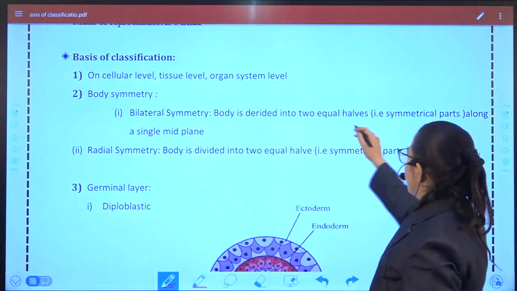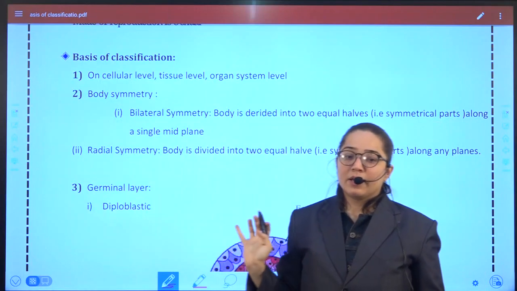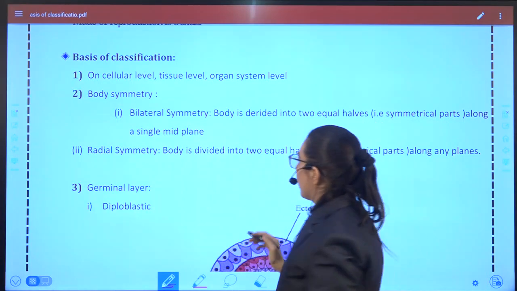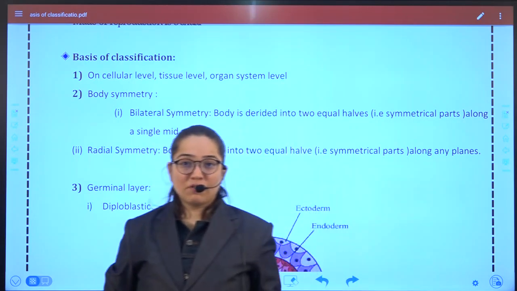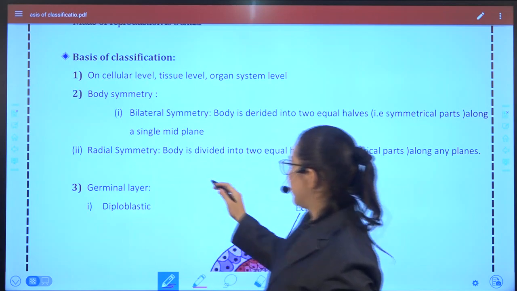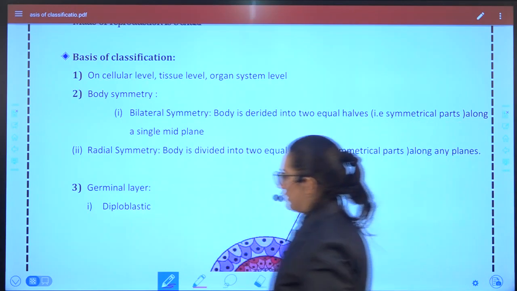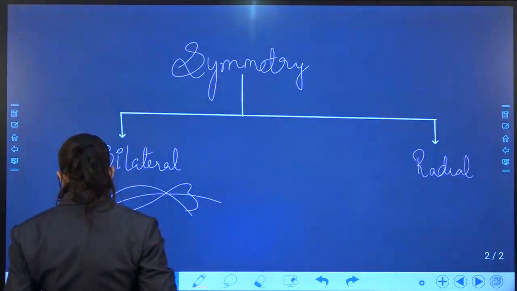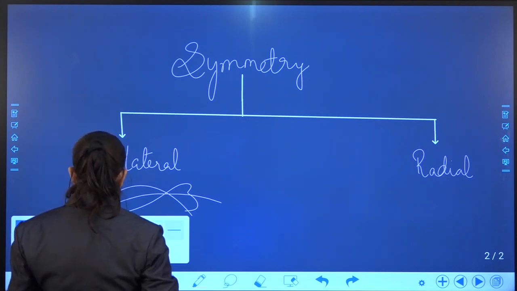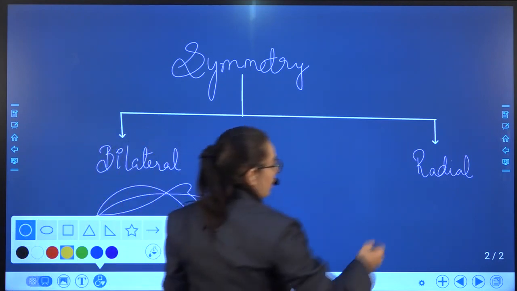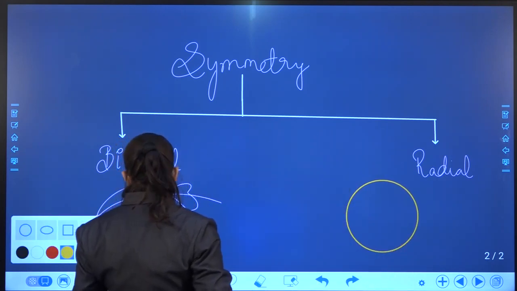Body is divided into two equal halves along a single mid plane. Radial symmetry. This is again not what we discussed in the case of the rectangle. Radial symmetry: body is divided into equal halves along any plane. Suppose if I want to divide a circle into two equal halves, how can I divide it?